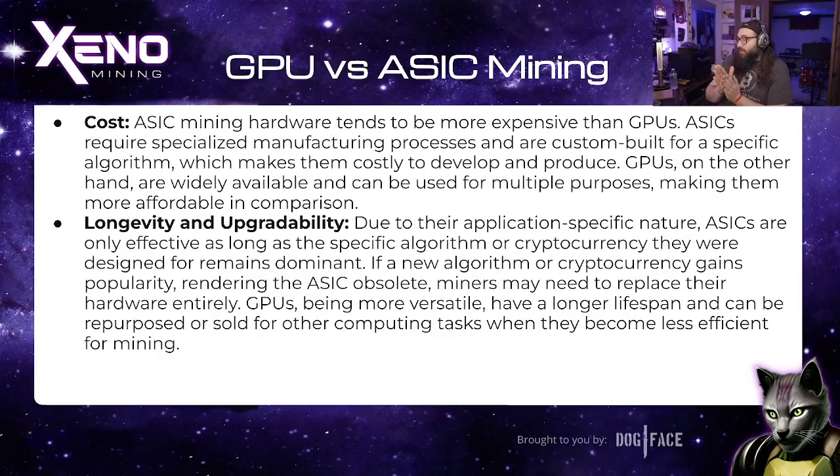So the cost, of course: ASIC mining is more risky because you are specifically mining one cryptocurrency. And you are also going to spend a lot more money on the hardware itself. It's not a simple feat to create an ASIC, okay? Especially an L7 or a K7 or any of these industrial miners.